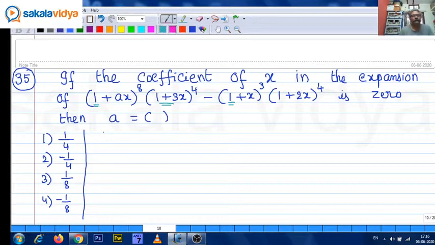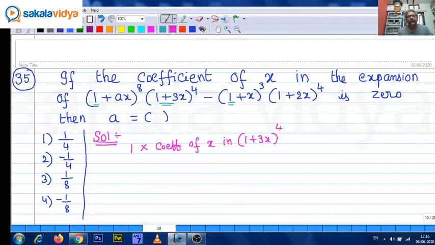See, I will do the solution. 1 multiplied by, write down, 1 into coefficient of x in (1 plus 3x) whole to the power of 4, plus 1 multiplied by coefficient of x in (1 plus ax) whole to the power of 8. This is one step, this is second step.